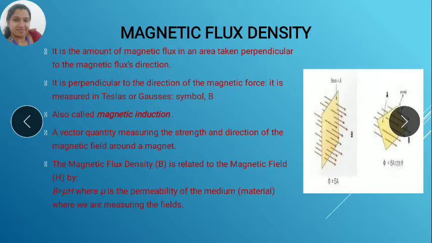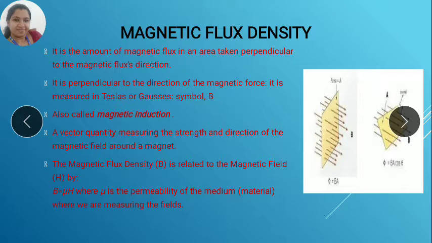The magnetic flux density is related to the magnetic field H by B equals mu H, where mu is the permeability of the medium. Different materials have different permeabilities. What is permeability?